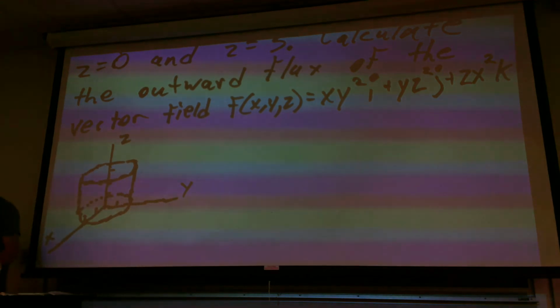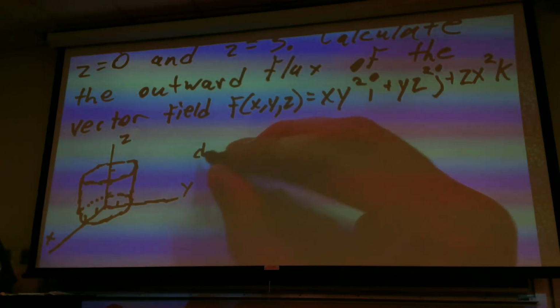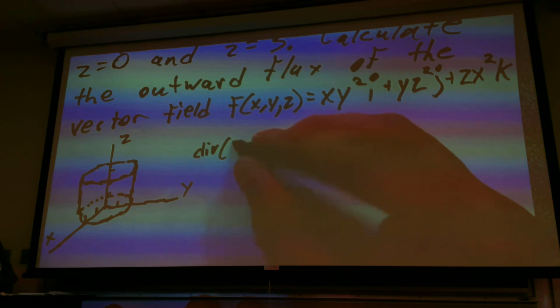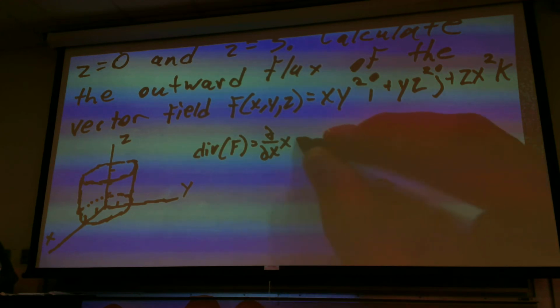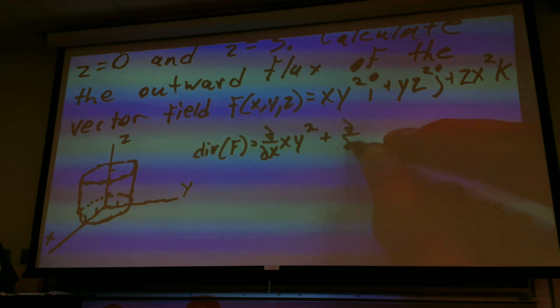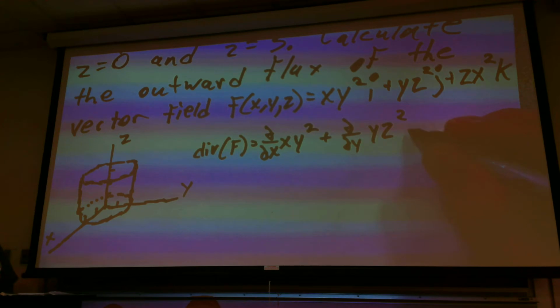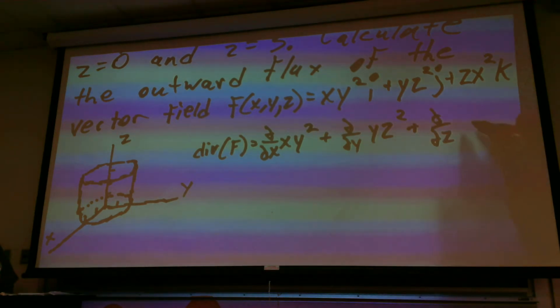Now we need to calculate the divergence of the vector field. This is the partial derivative with respect to x of xy squared, plus the partial derivative with respect to y of yz squared, plus the partial derivative with respect to z of zx squared.